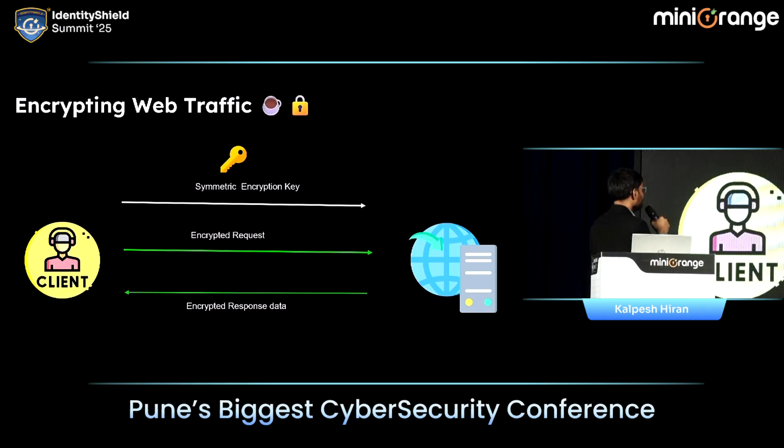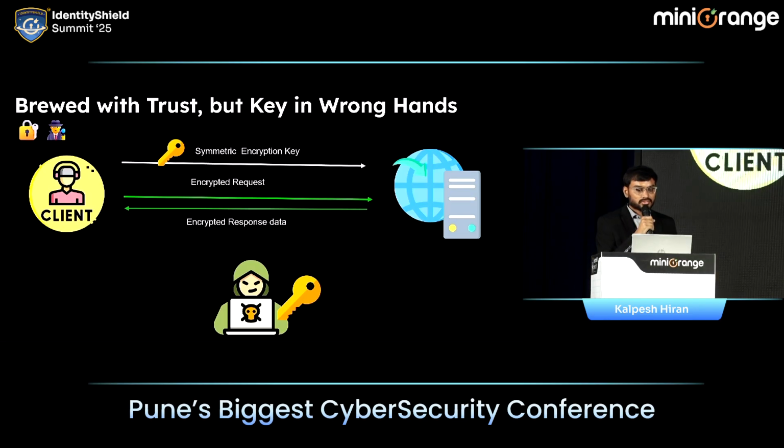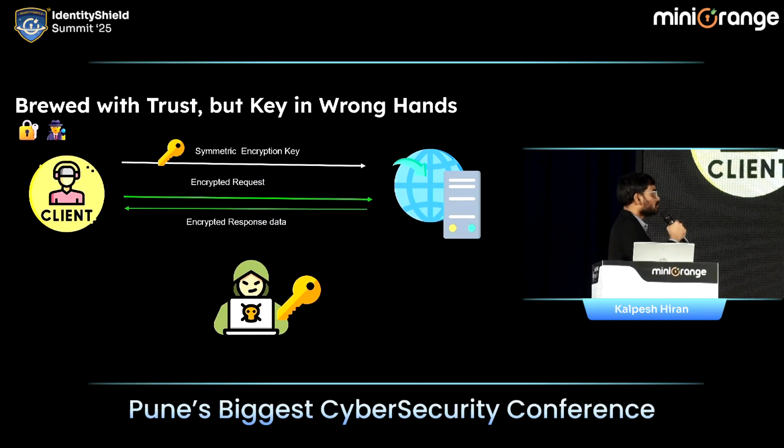When the client is sending the key to the server first, the key exchange of the symmetric key, as the man in the middle is able to see all the data, they are also able to see the encryption keys. So the problem with this approach is whenever you're sending the keys, they can be seen by the attacker.